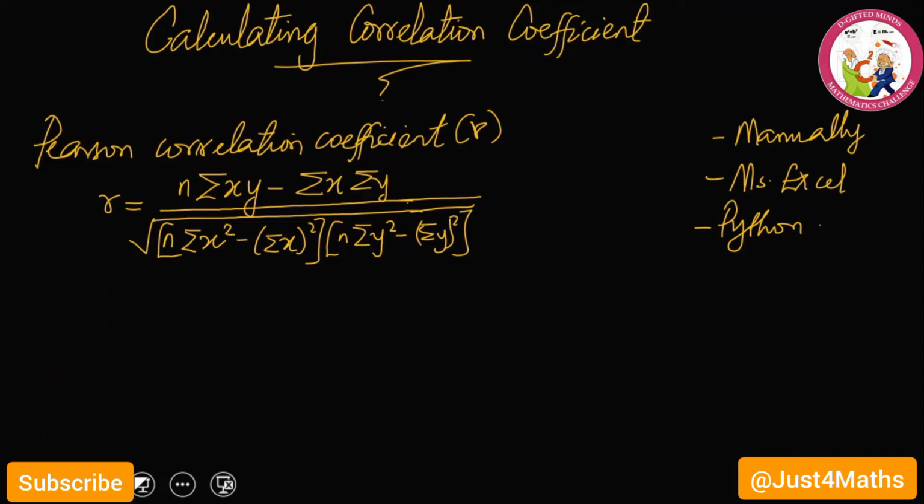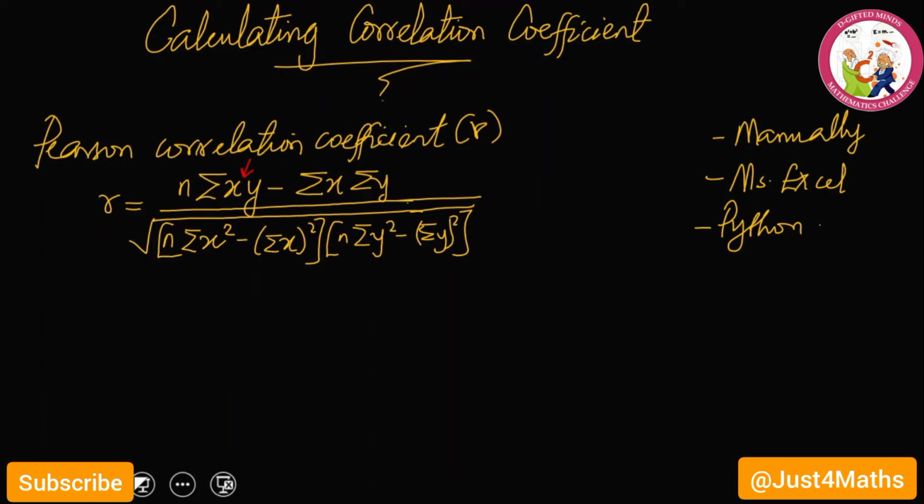Now, the first thing is to see how to compute manually. We'll have to create a column labeled XY. I want to do this using Microsoft Excel to create our table. I'm not actually solving the correlation coefficient in Excel right now.